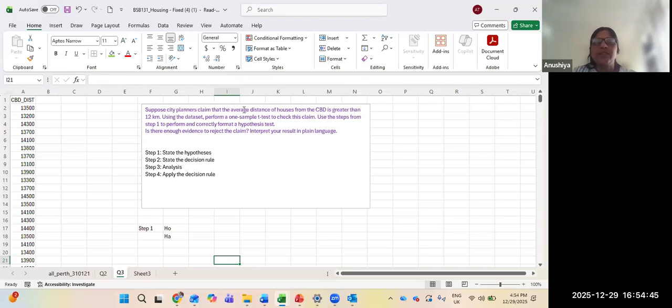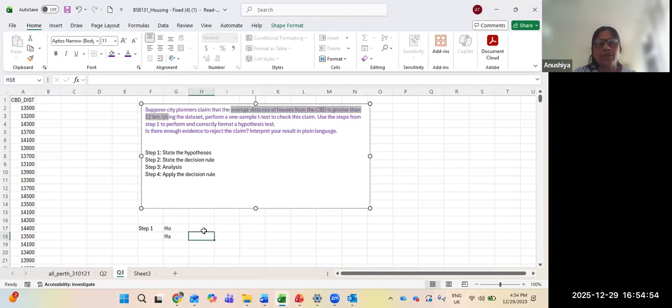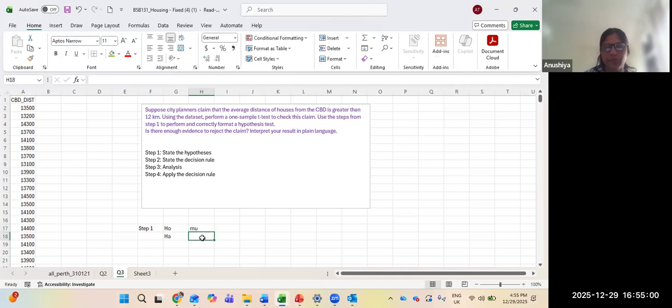The city planners claim that the average distance of the houses from the CBD is greater than 12 kilometers. So I'm going to use the average distance as mu, which is greater than 12,000.